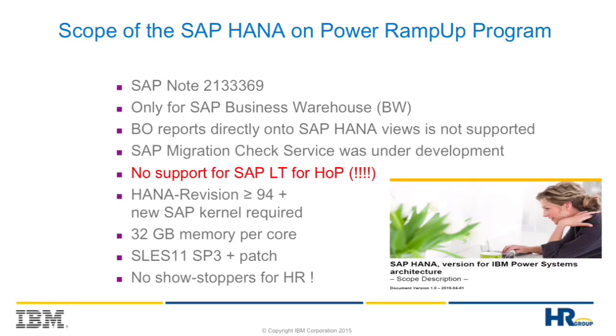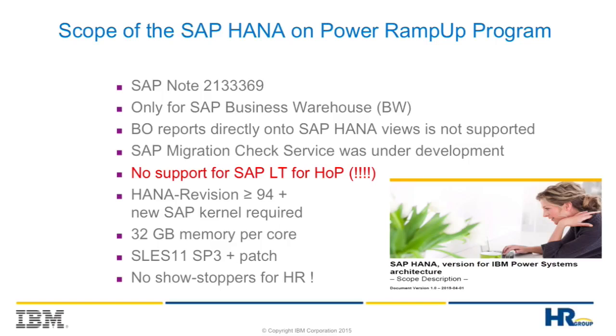The HANA revision at this time was 94. On his HANA x86 appliance, he had 92. So we said, okay, we don't want issues with different HANA versions, so he upgraded the x86 appliance to the same level we have installed on Power.